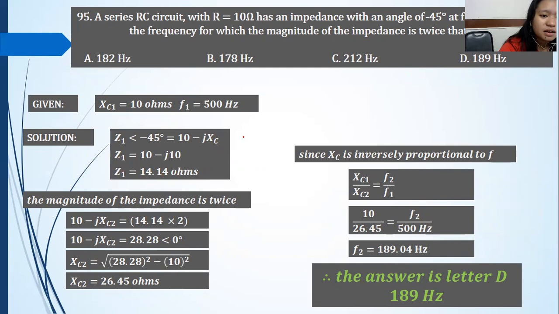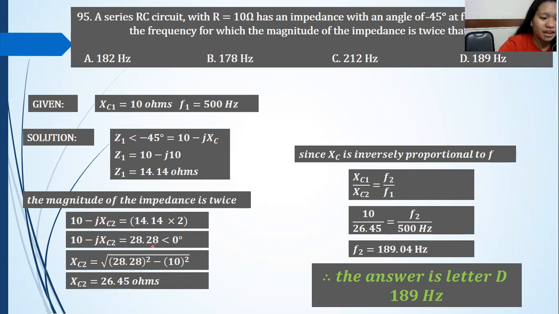Since the problem states that the magnitude of the impedance is twice, finding the frequency for the magnitude of impedance that is twice, we will multiply the Z1, which is 14.14, times 2.